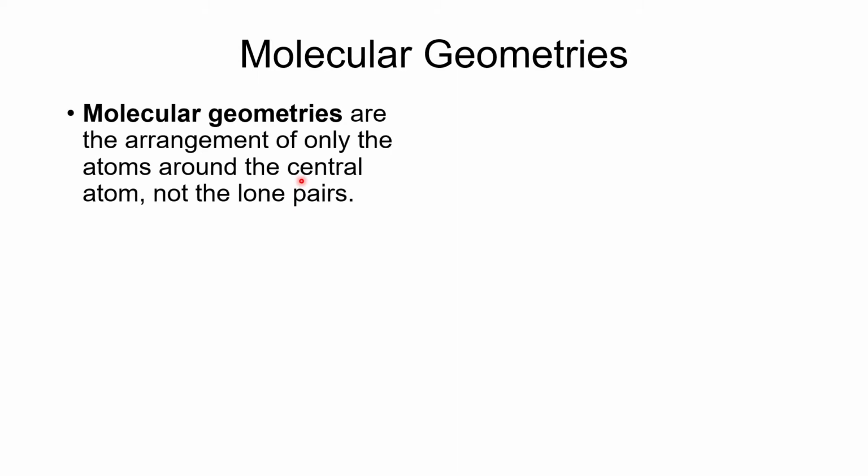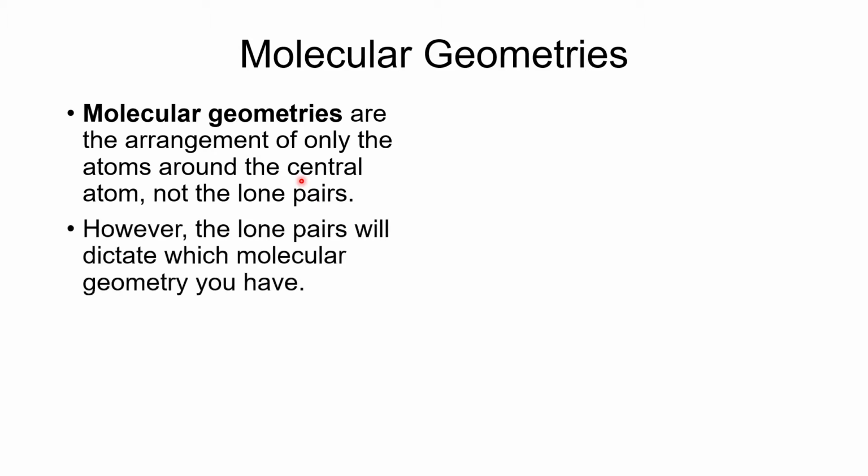Molecular geometries are the arrangements of only the atoms around the central atom, not the lone pairs. However, we have to know where the lone pairs are because the lone pairs will dictate which molecular geometry you have. So if you don't know how many lone pairs are on the central atom, you're not going to be able to figure out what the molecular geometry is, at least not very easily.